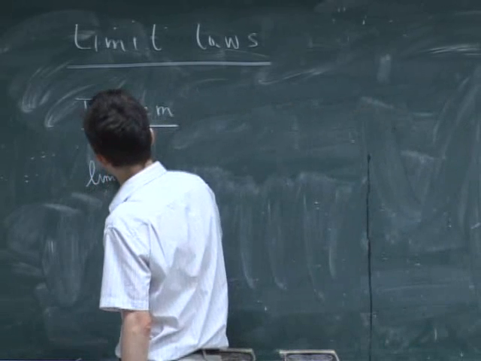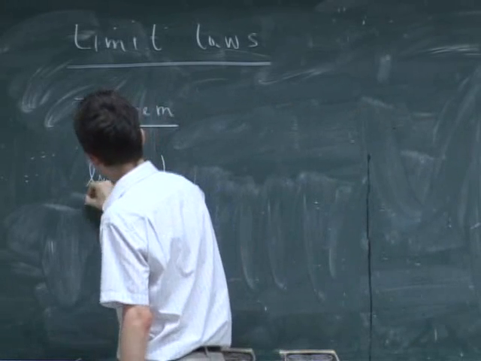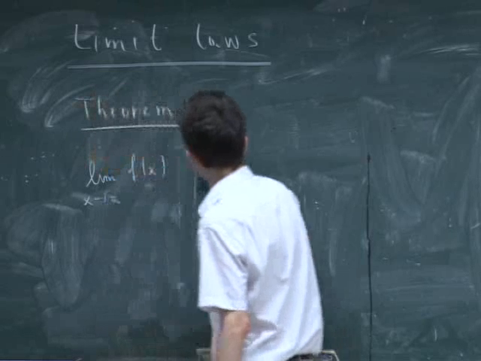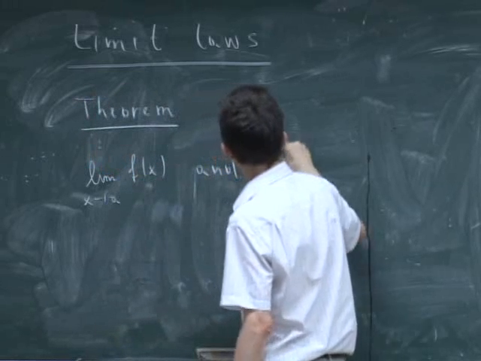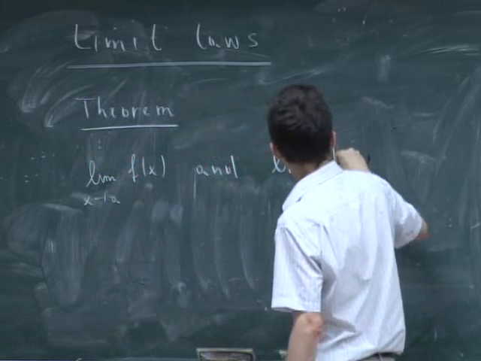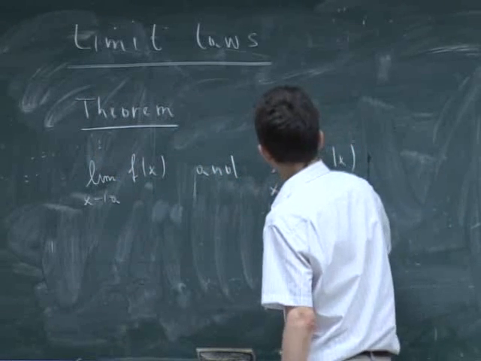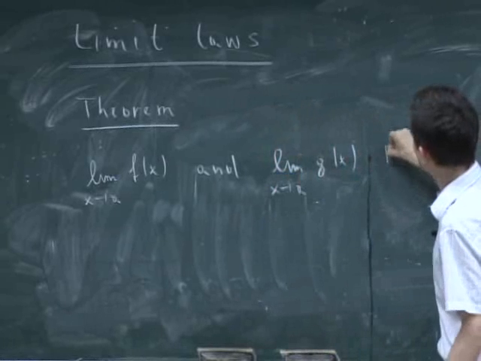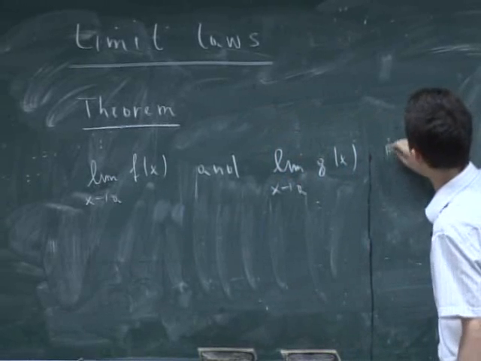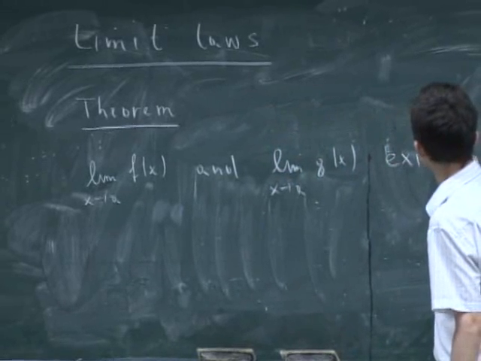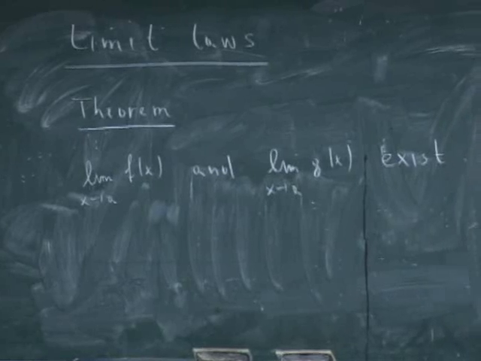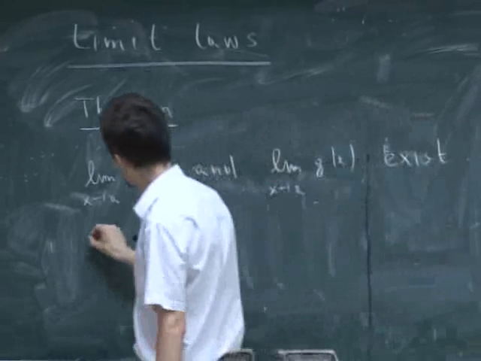So assume that the limit of some function f of x as x tends to a and the limit of g of x as x tends to a exist. This is an assumption which you need. Now you have a couple of laws.